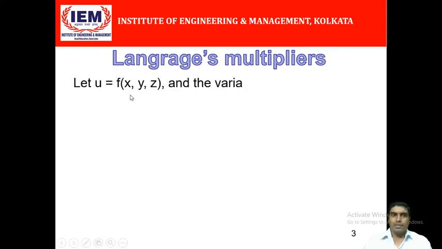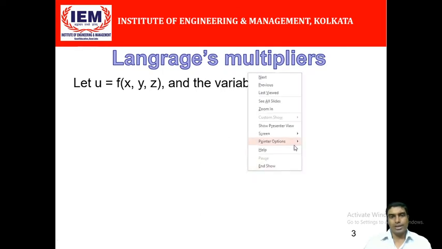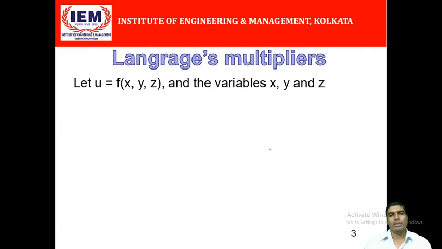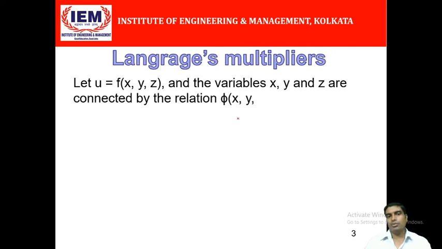Suppose we have this function u of x, y, z, and here the problem is the same: I have to find the maximum and minimum, like in the previous lecture. But here there is one condition: x, y, z satisfy this relation.